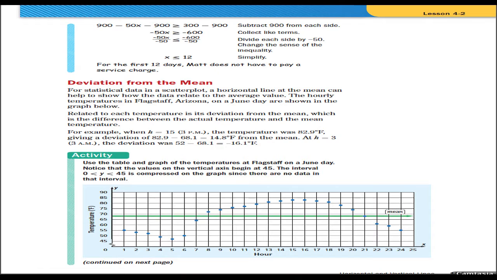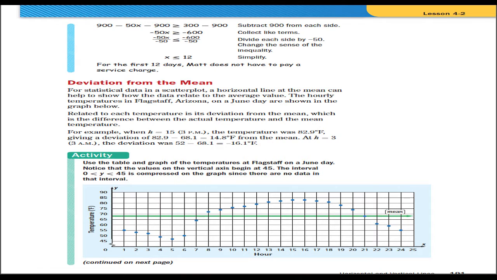Okay, 4-2 continuation. This is the activity on the deviation from the mean. You can read through this, but what we're trying to get to is finding the mean temperature in Flagstaff, Arizona, and we want to look at how much it changes during the day. In other words, how far the temperature is below or above the mean.